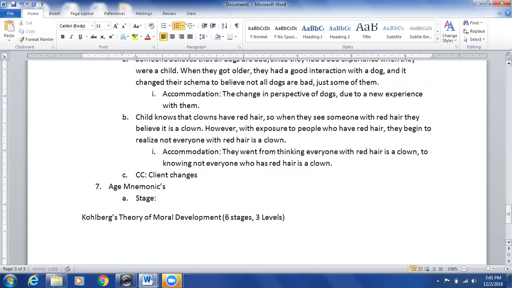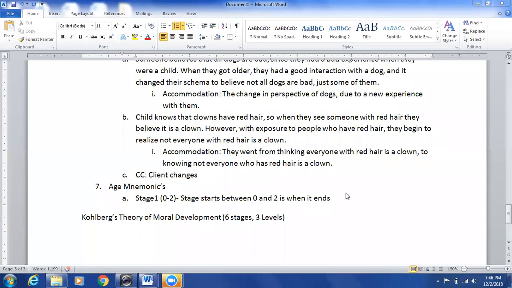So stage 1 is 0 to 2, and that stage ends at 2.